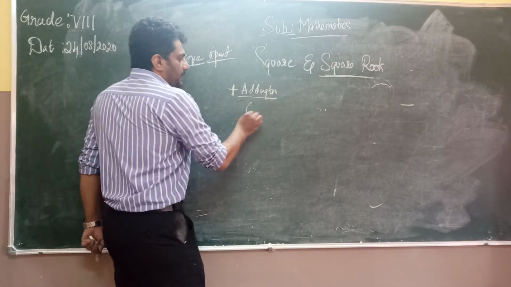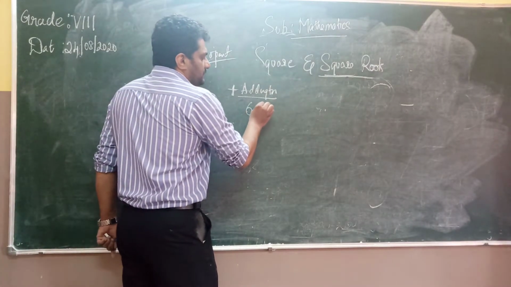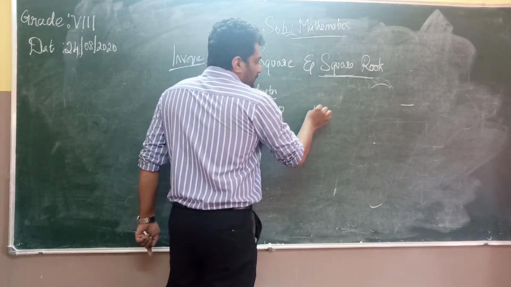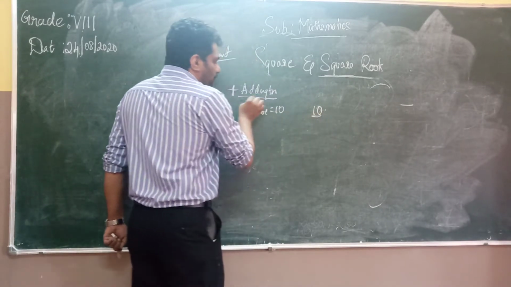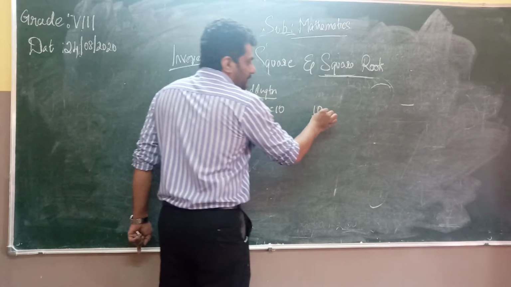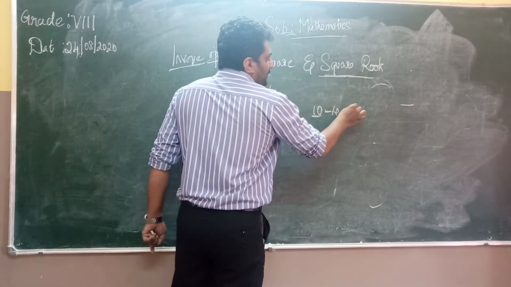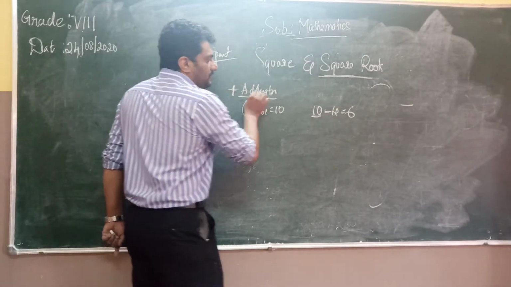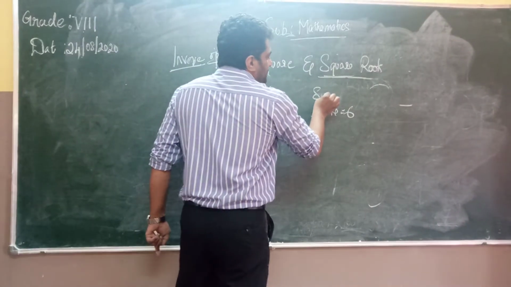For example, if I do 6 plus 4 is equal to 10, and with the 10 I want the answer 6 again, I will do minus 4. I will get 6. Understood?